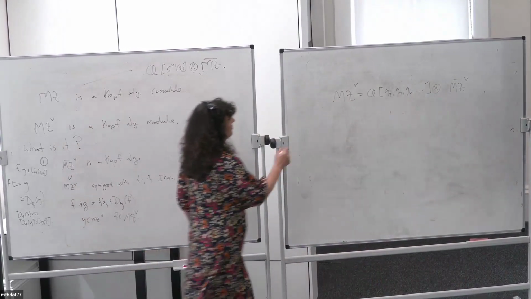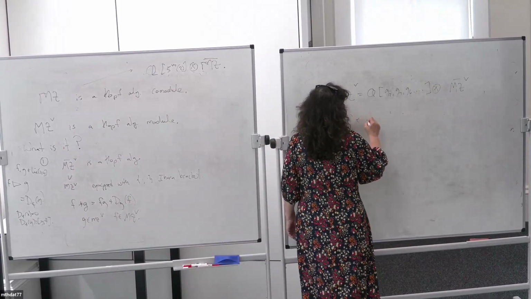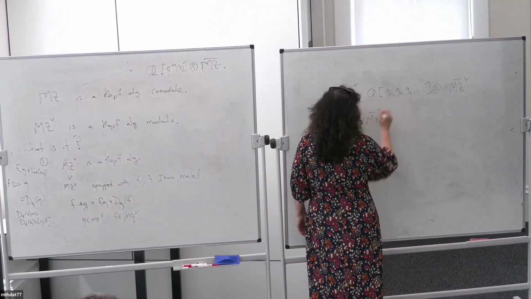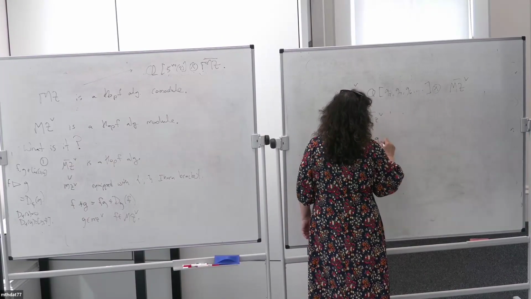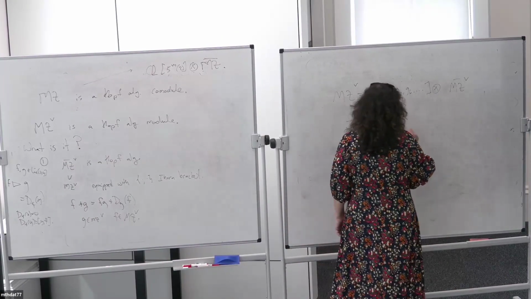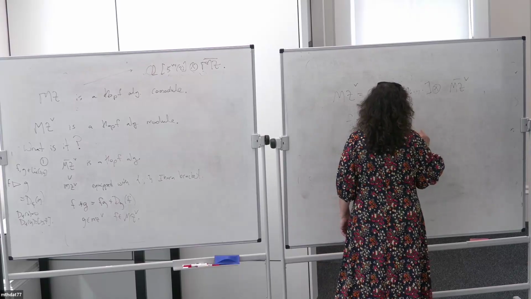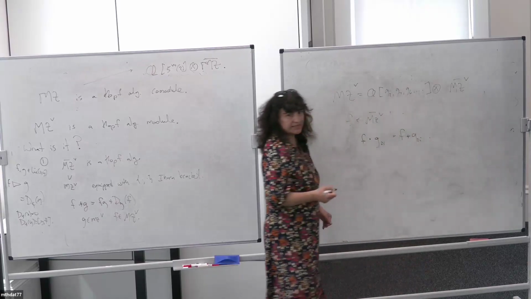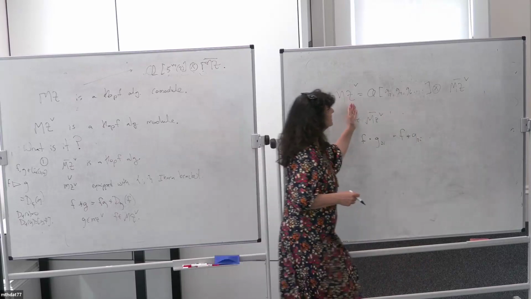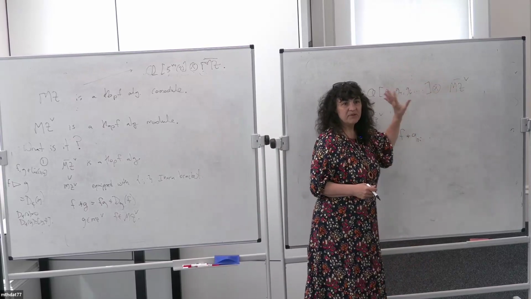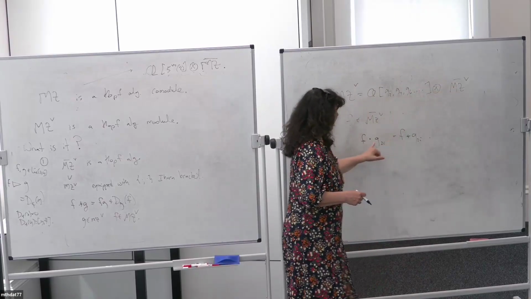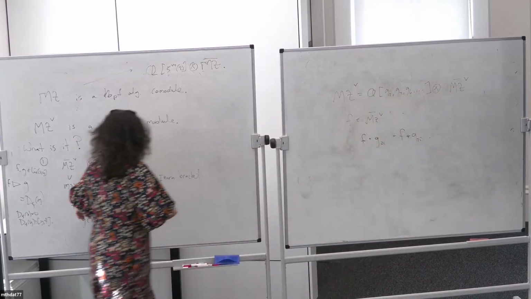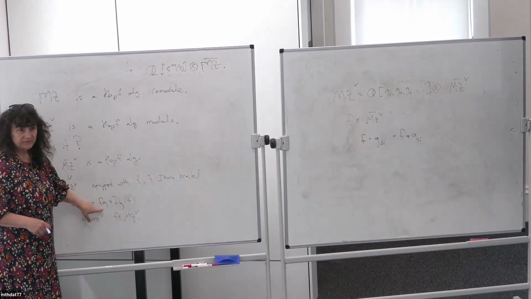The rule for f in mz hat acting on one of these g2i is just f star g2i. So every element of this object can be written as an element of this acting on an element of that with this action here, this exact action.